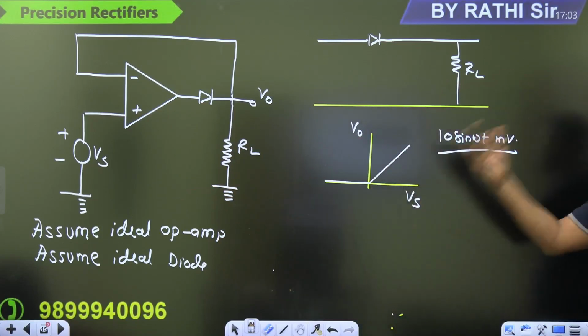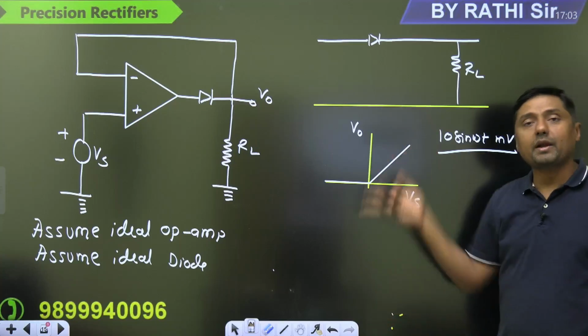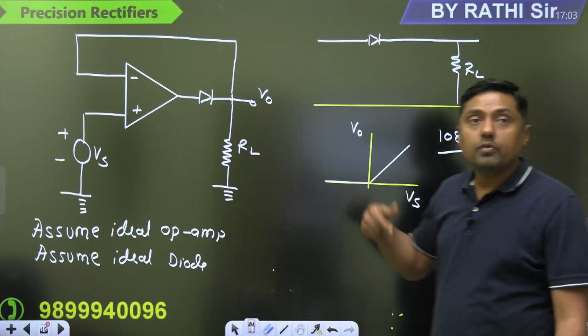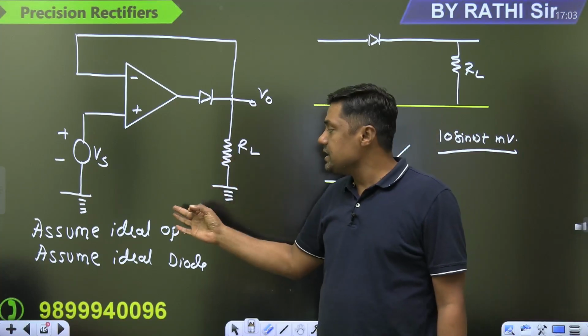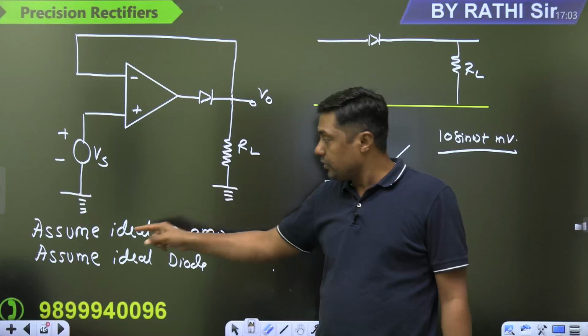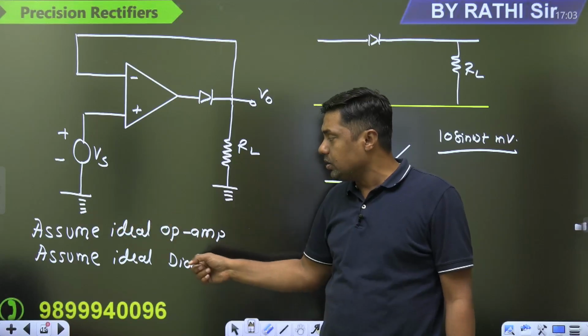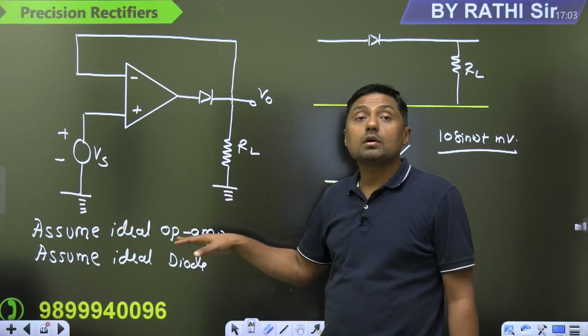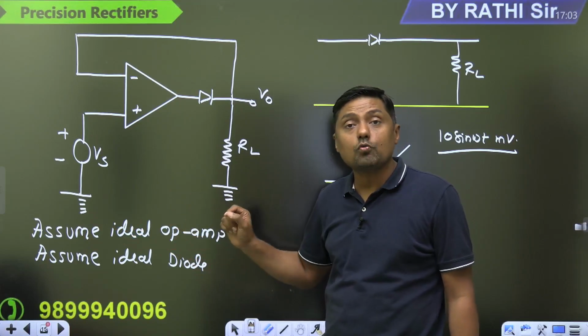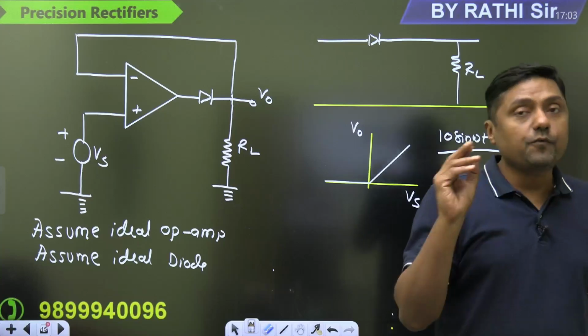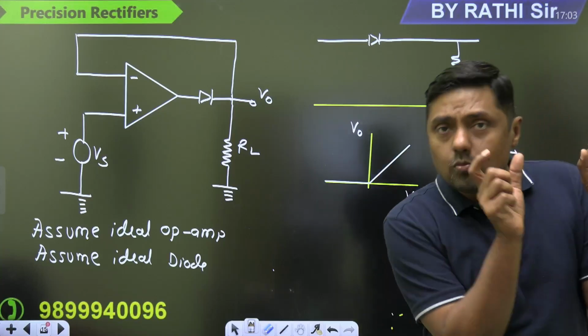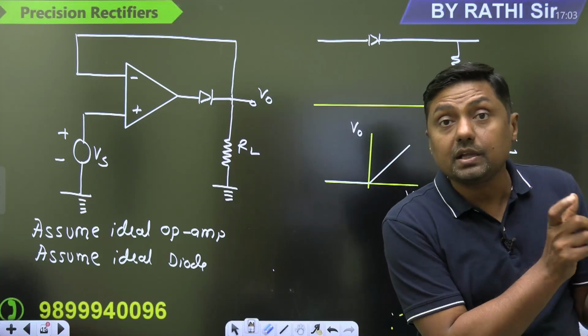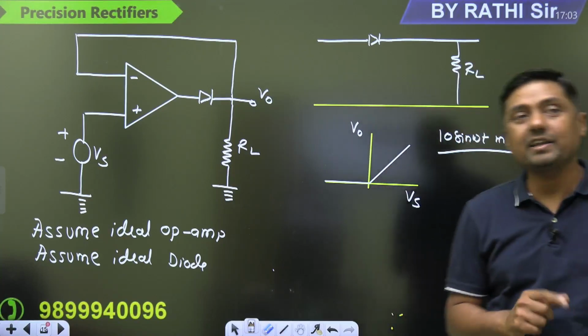So why are we designing the precision rectifier? Because of the practical diode. That's why always remember, in a particular numerical you will find: assume ideal op-amp and practical diode. In every question there will be the words assume ideal op-amp and practical diode, not the ideal diode. I think that is clear.